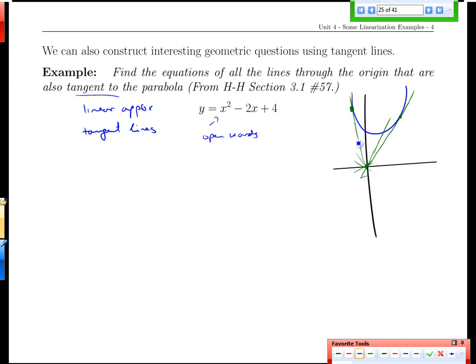The next thing we're going to need is the equation of tangent lines. So thinking of it now from the parabola side, we can build tangent lines at different points, and some of them will go through the origin. But let's just pick a representative point, let's call it a, and find the tangent line there.